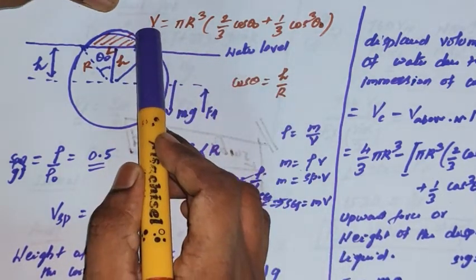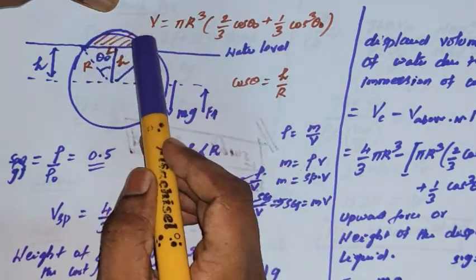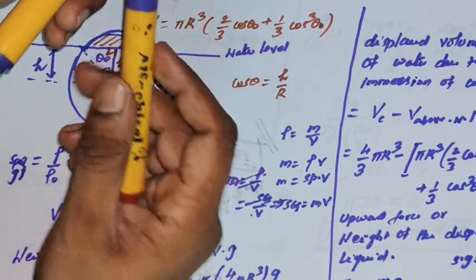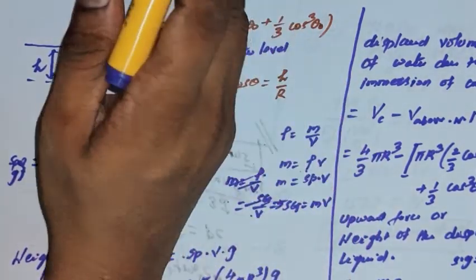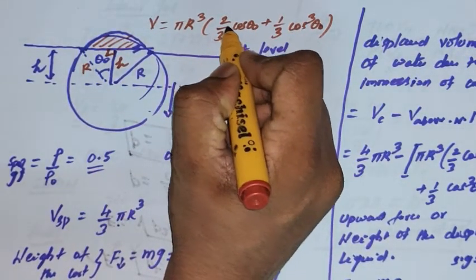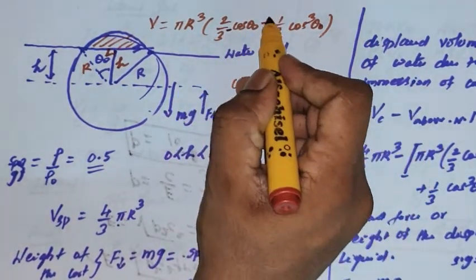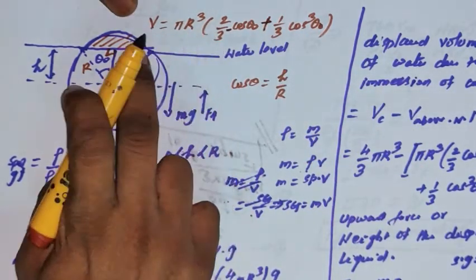The volume of the cork above the water level is given as 2/3 minus cos θ plus 1/3 cos³ θ. This much volume is above the water level.